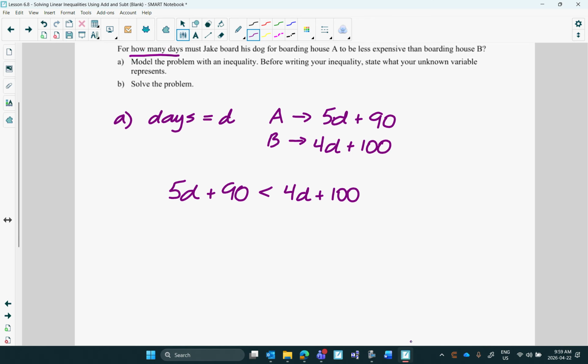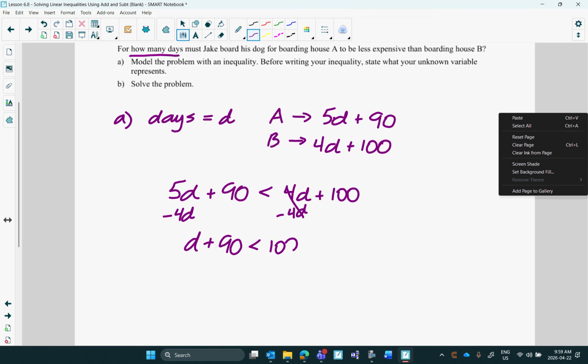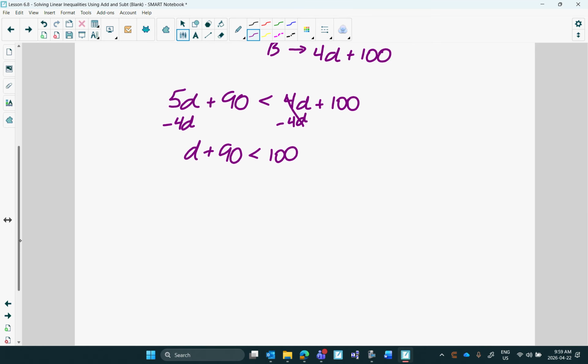What would you do first? So subtract 4D. So then you just have D plus 90 less than 100. And then minus 90 on both sides. And then we have D is less than 10.